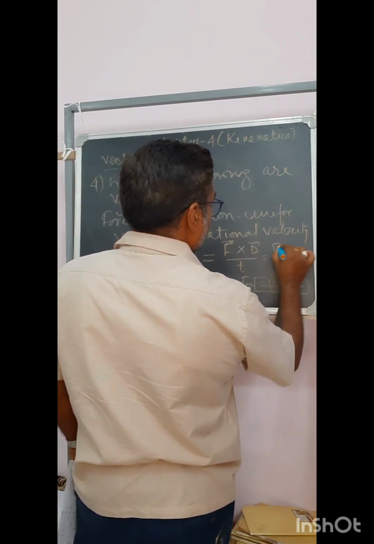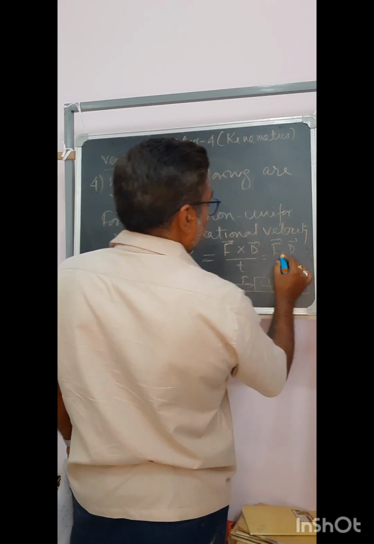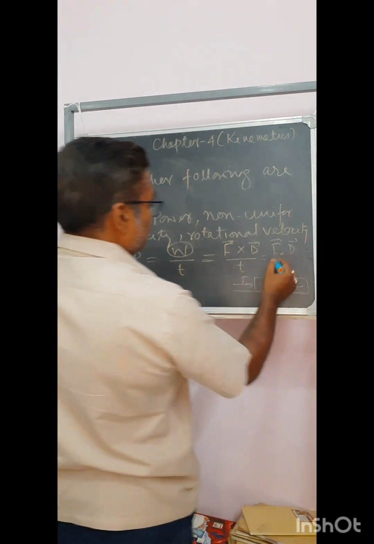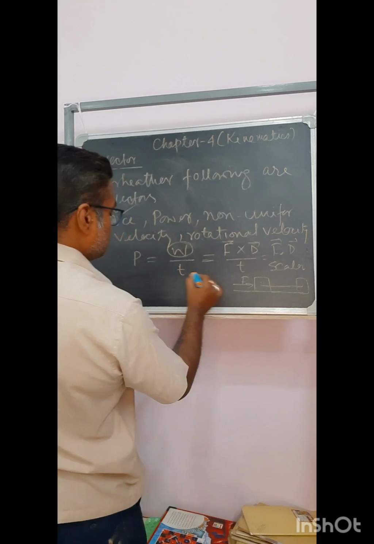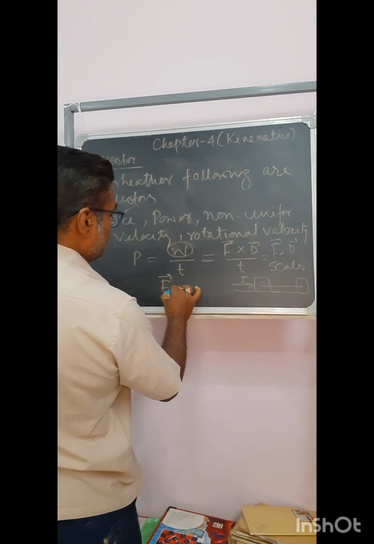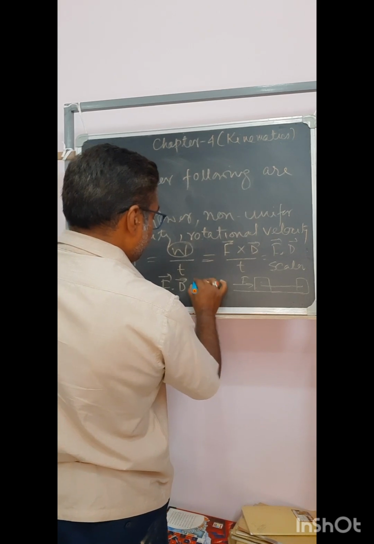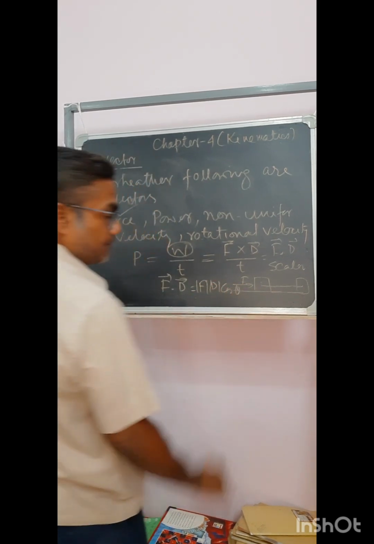So F dot d, when two vectors come with a dot product, the result will be a scalar only. Why? Because F dot d can be written as |F||d| cos theta.